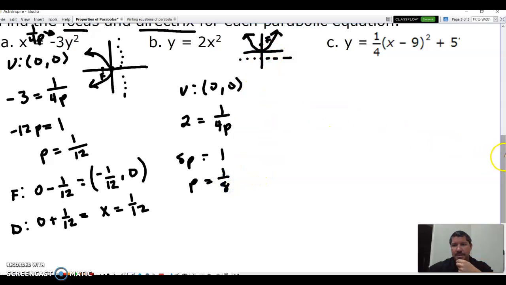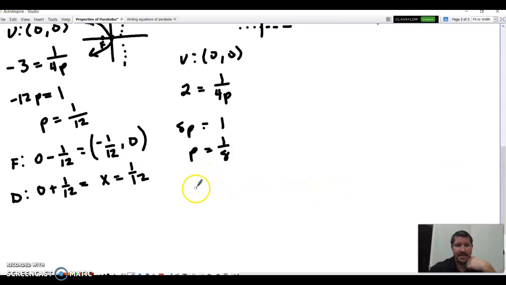So up to get to my focus, I have to add to the 0. So my focus, 0 plus 1/8, is equal to 1/8.